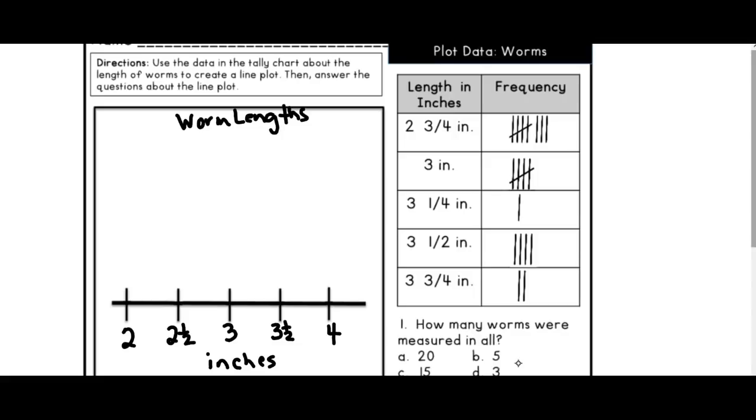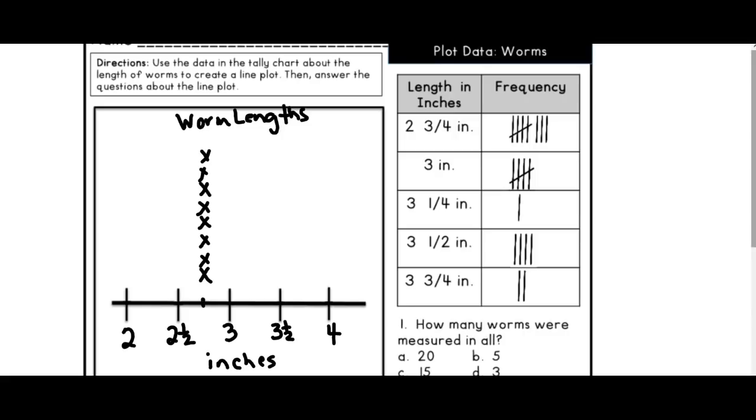Well, 2 1/2 is 2 2/4, so 3/4 would be halfway in between 2 1/2 and 3. So I need to put 8 x's at 2 3/4: 1, 2, 3, 4, 5, 6, 7, 8. This spot right here would be 2 3/4.